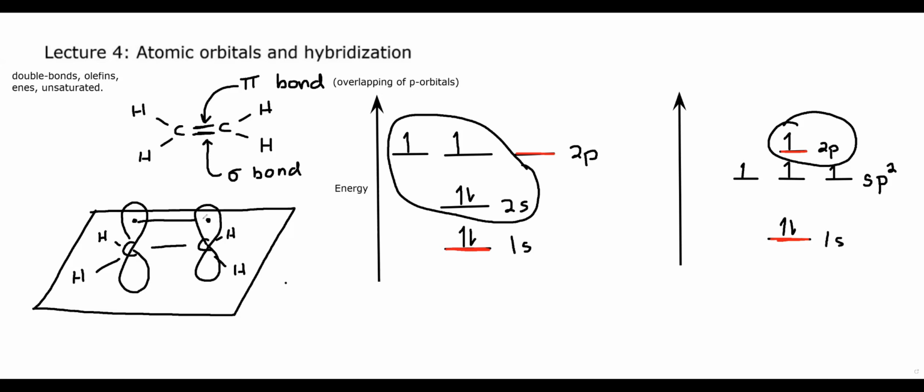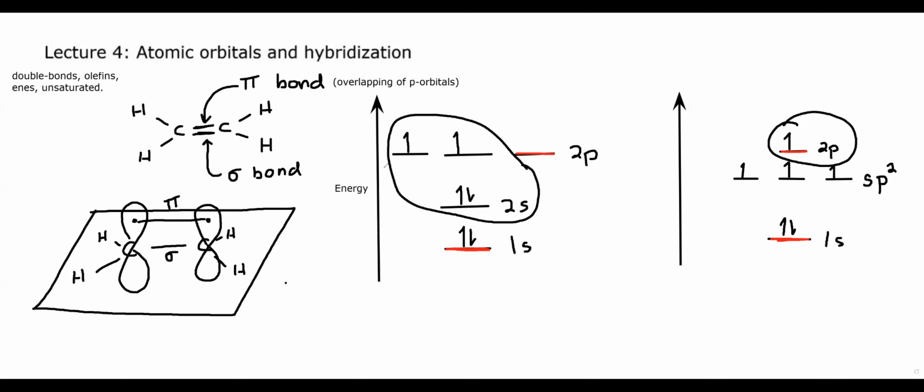They are making that pi bond, that double bond between each other. So this is the pi bond here. It's the overlapping of these p orbitals. Here's the sigma bond, which is simply the overlapping of the sp2 orbitals. The pi bond is the overlapping of the p orbitals. So this is where it can get confusing, and I understand that. So let me explain everything again, sort of a different way.